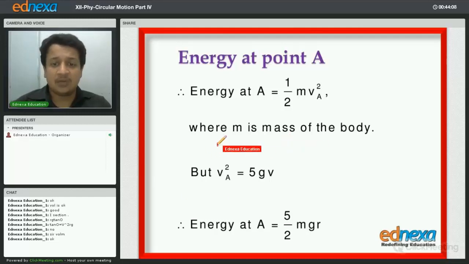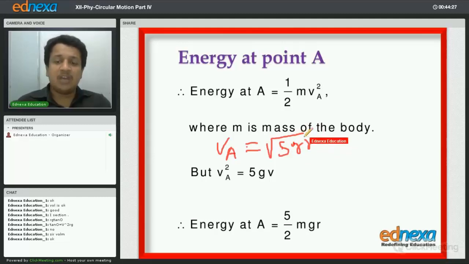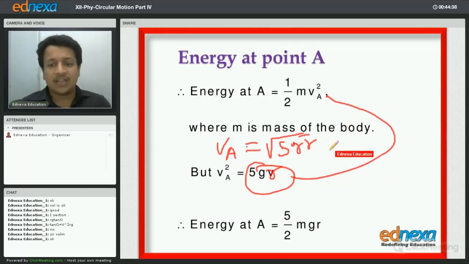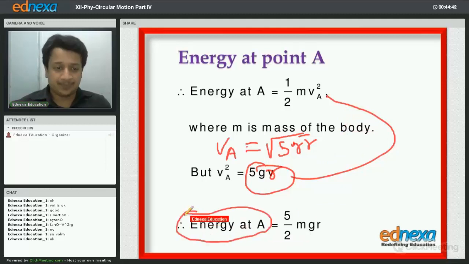We discussed VA is equal to under root 5 GR. So when VA equals under root 5 GR, its square is 5 GR. Substituting this, half m 5 GR, that is 5 by 2 mgr. This is the energy at point A.